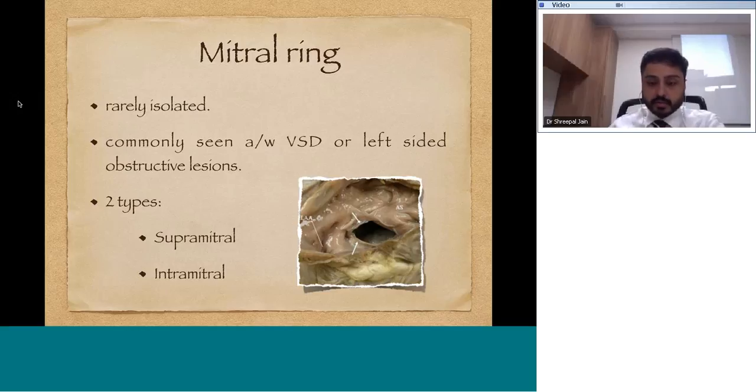The supramitral ring has to be differentiated from cor triatriatum sinister, which is basically a membrane within the left atrium but situated above the level of the left atrial appendage, and it is a result of failure of adequate incorporation of the common pulmonary venous chamber into the left atrium.